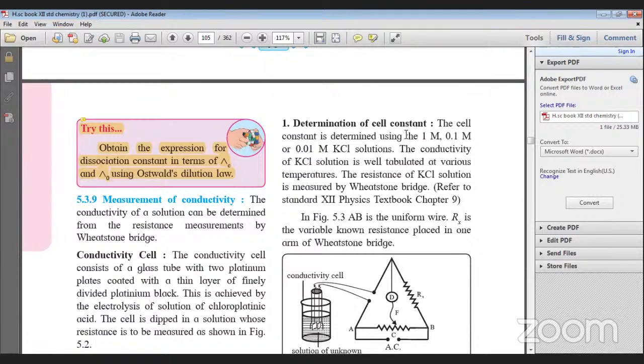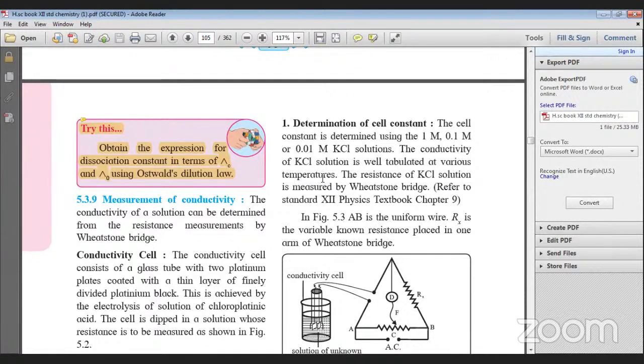Now the cell constant is determined using solutions with different concentrations. Suppose here we will take the potassium chloride solution. One is of 1 molar, another of 0.1 molar or 0.01 molar. So with different concentrations, we are determining the cell constant. The conductivity of a potassium chloride solution is well tabulated at various temperatures.